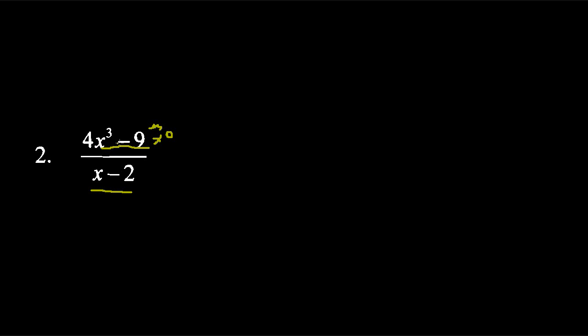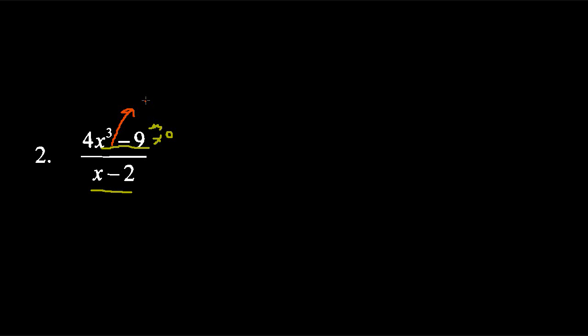So it is descending, but we have some missing terms. What are the missing terms? Well, let's see. It goes from x to the third down to x to the 0. So we've got a couple of missing terms, and we must fill them in.